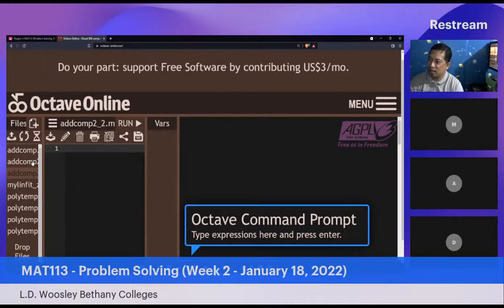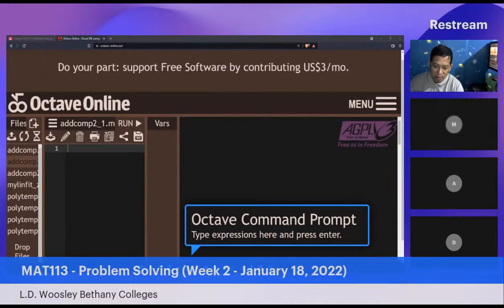Anong file ang ini-edit mo dito? Wala sir, sa labas po ako nagawa, sa notepad, tapos in-upload ko lang. Pero wala siya, no? Hindi pumasok. Sige, I'll try.